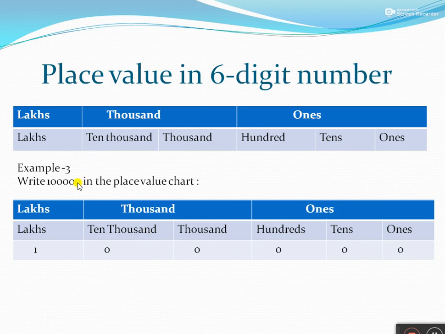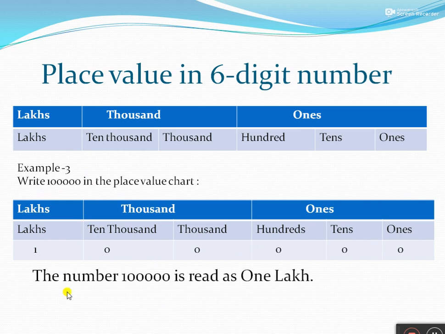So finally 1 in the lakhs place. The number 1,00,000 is read as: the rest of all the places you see 0, in the thousands period 0, in the ones period also 0. Which place is the 1 in? Lakhs. So 1 lakh.